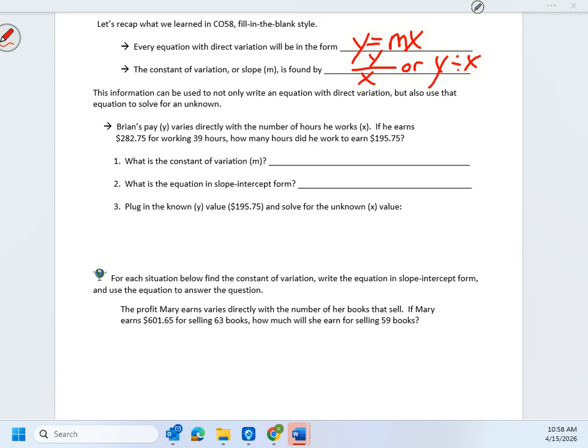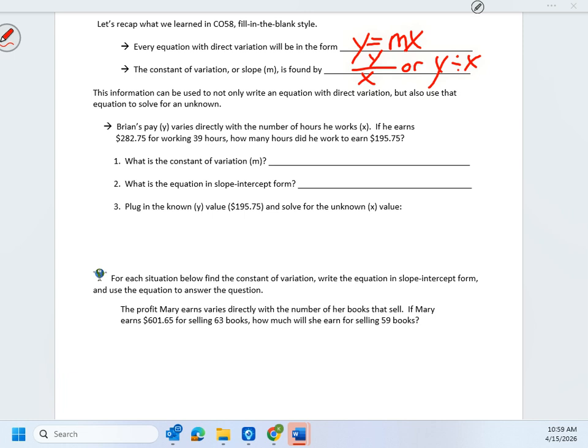We're going to have word problems, and we're going to break down those word problems into finding our y's and our x's to be able to use that slope-intercept form, that direct variation of y equals mx. We're putting together what we already know to do something new. But this is all stuff that we know. We're just having to really pay attention to how to find that information.